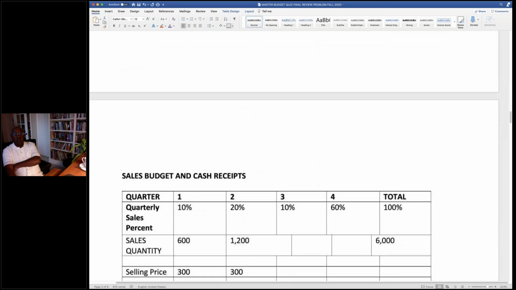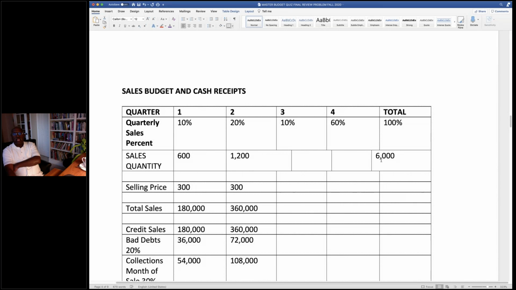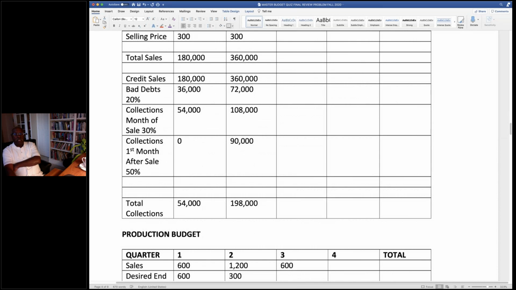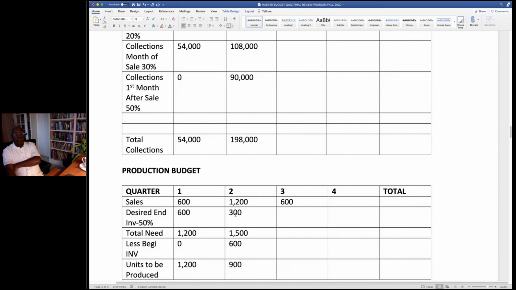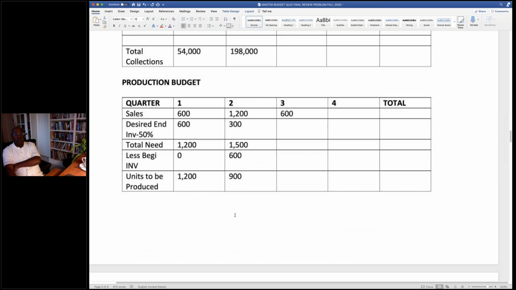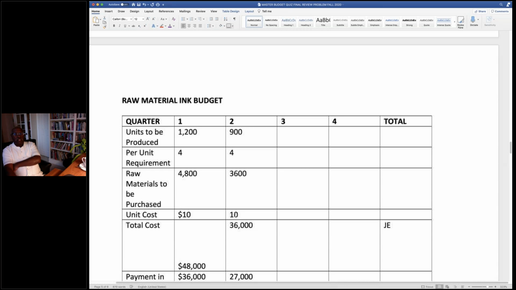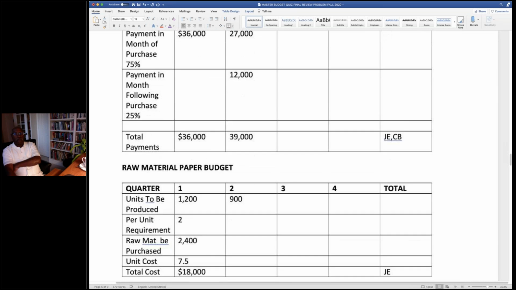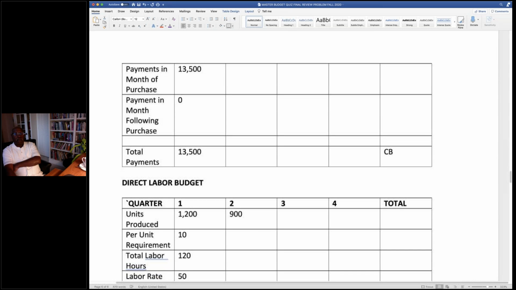Then we get to 6,000. Put 6,000 here on the sales line. You do your sales budget, then you bring those sales numbers down to the production budget. The production budget numbers go to raw materials and labor.